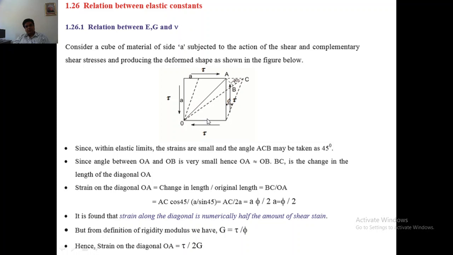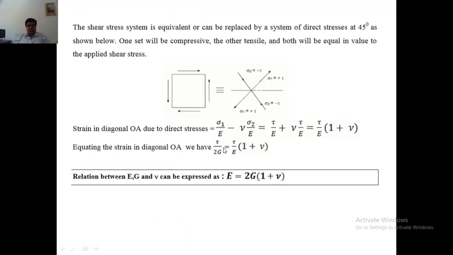You just go through the diagram here, and if you apply mathematical relationships, we will get the relationship between Young's modulus and the rigidity modulus with respect to Poisson's ratio. After derivation, we get Young's modulus E equal to 2G(1 plus nu), where nu is the Poisson's ratio.